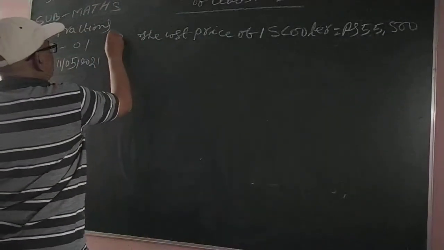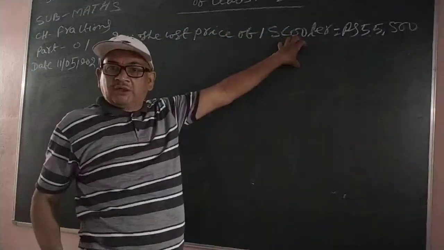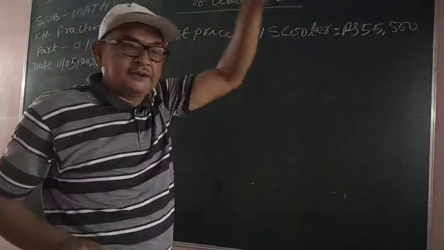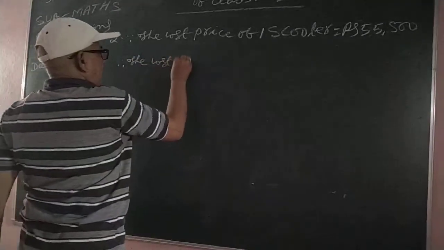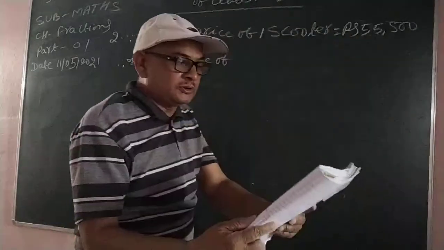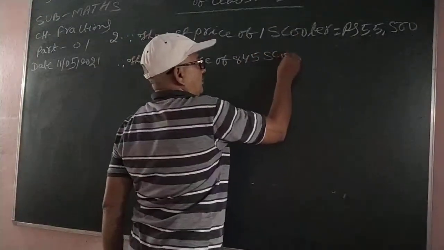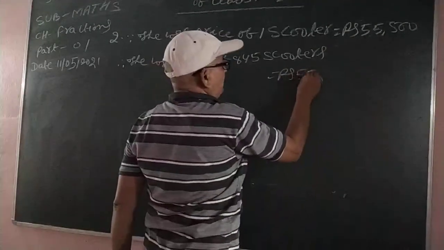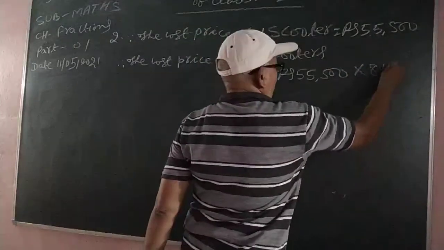Therefore, here you will write: since the cost price of one scooter is given as rupees 55,500, the cost price of 845 scooters is equal to rupees 55,500 into 845.